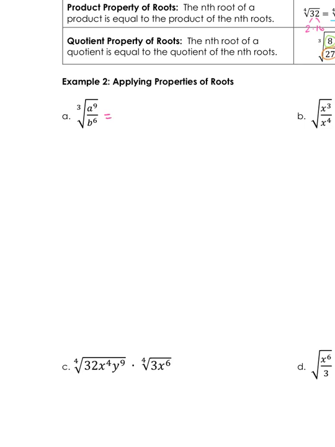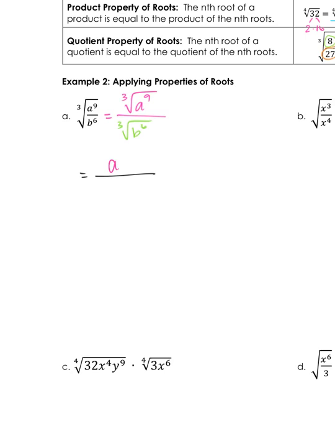So I'm going to go ahead and rewrite this. This is going to be the cubed root of a to the 9th over the cubed root of b to the 6th. Now I'm going to use my rules from the other side.